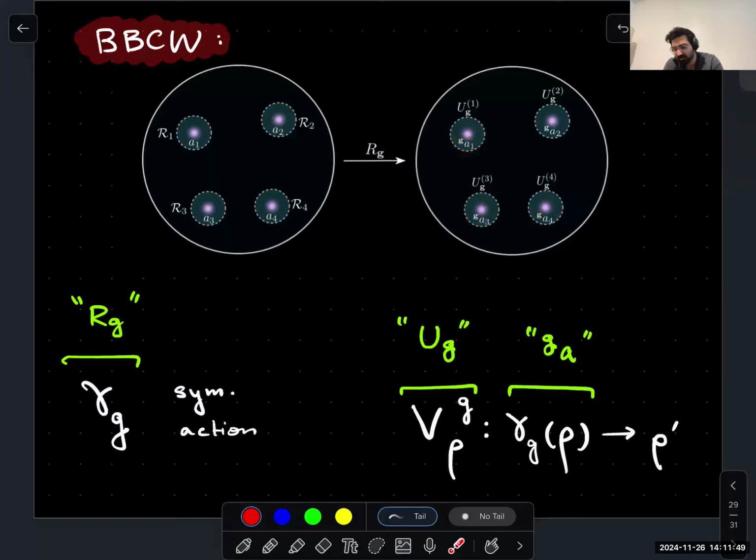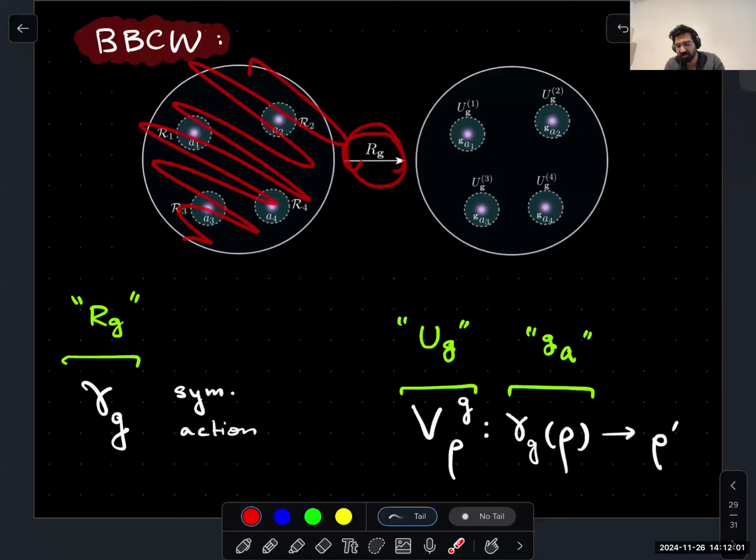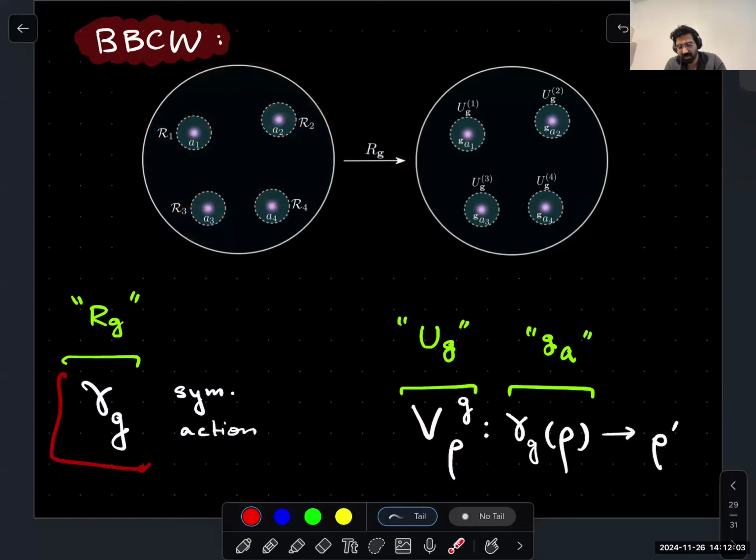So you're going to get some G action on the anyons. In this whole analysis, the RG that they talked about, the complete symmetry action everywhere, is our gamma G. That's the G crossing. And this UG that they talk about, some unitary localized over here, actually is our isomorphism V0.